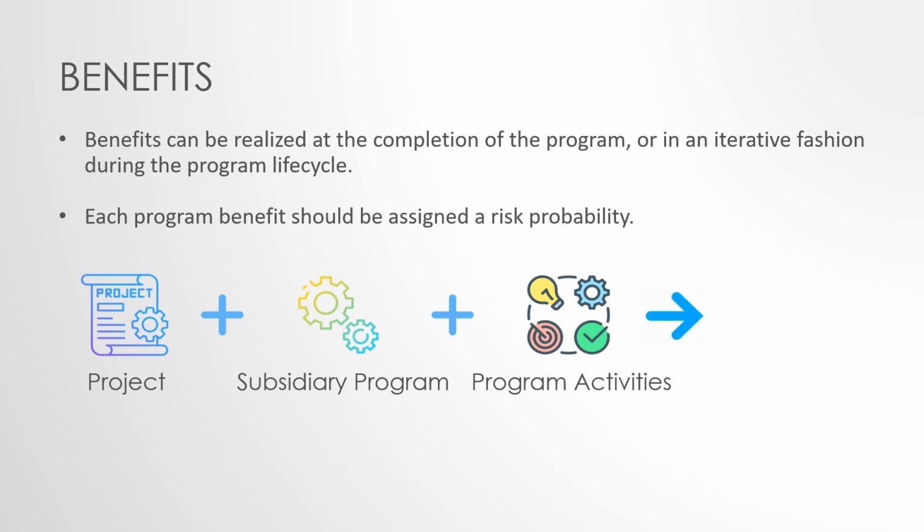It's expected that realizing a single program benefit may depend on all of these. Several factors may drive the risk probability, including the number of components needed to realize the benefit or the ability of the organization to absorb the planned change and sustain it.